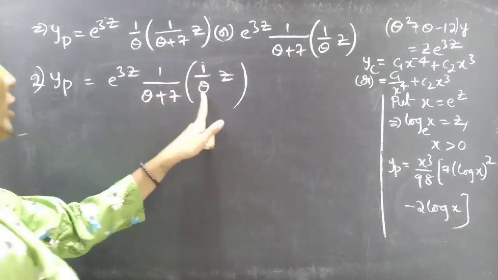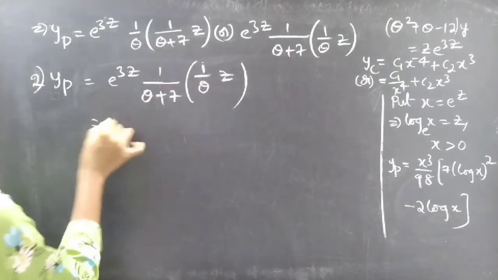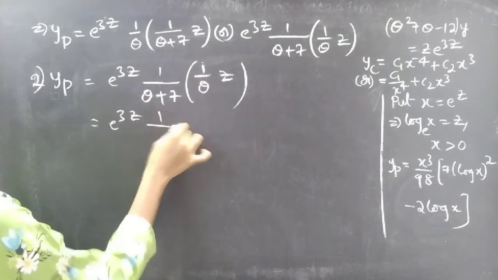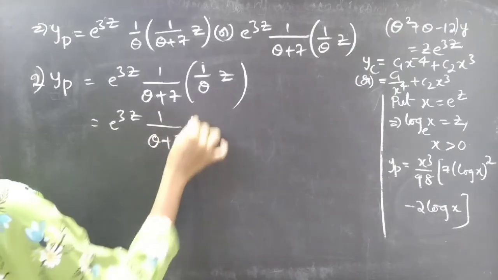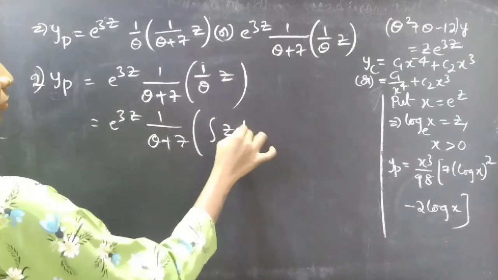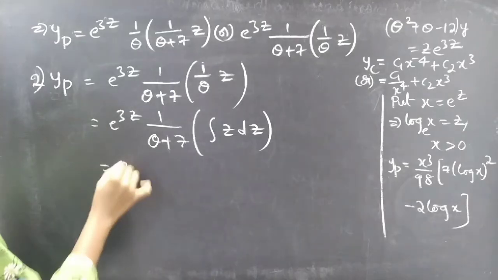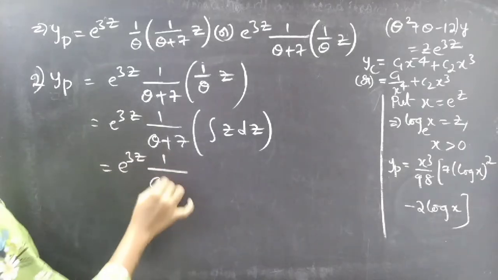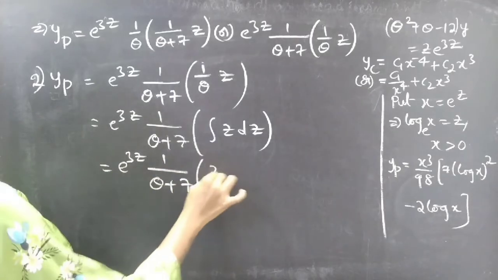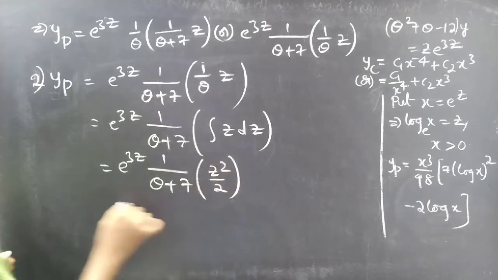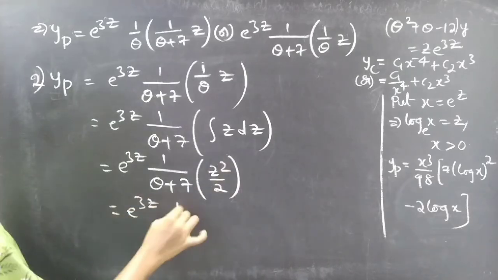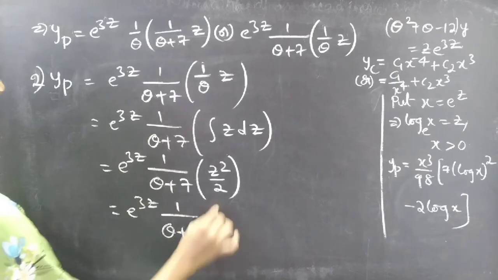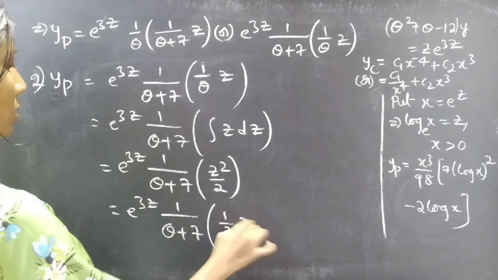We know that 1 by theta is an integral operator, then find integral z, which equals e power 3z into 1 by theta plus 7 into z squared by 2. Again split z squared by 2 as 1 by 2 into z square.